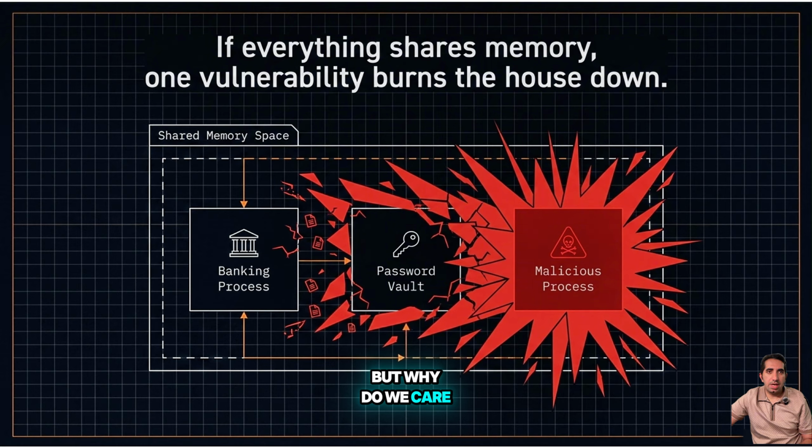But why do we care about separating these processes? Imagine you are attending an old-school OS class where everything is shared, one giant memory space. If you visited a malicious website that triggered a buffer overflow in your browser, that single exploit could instantly jump into your banking process or a password wallet.